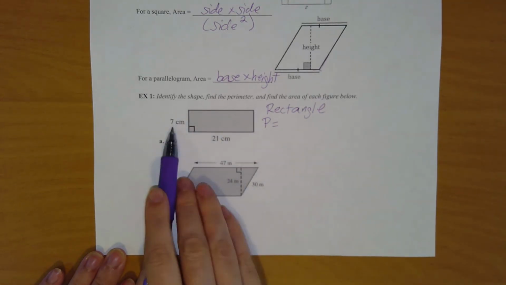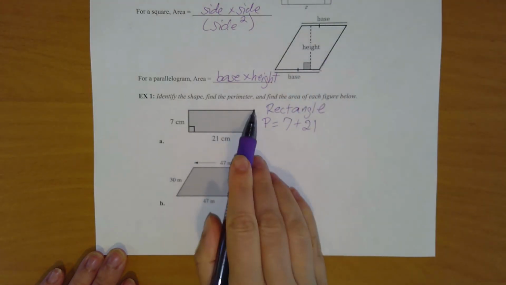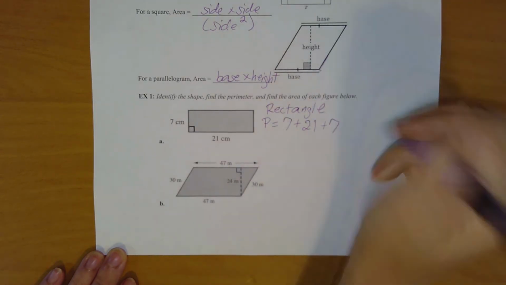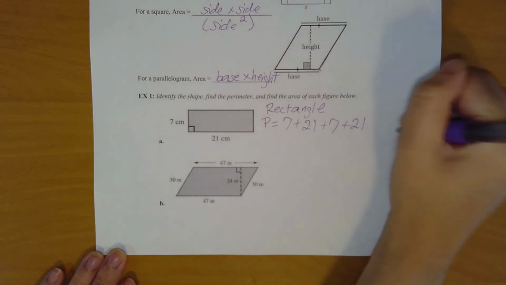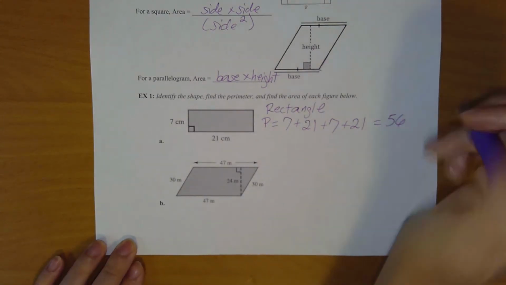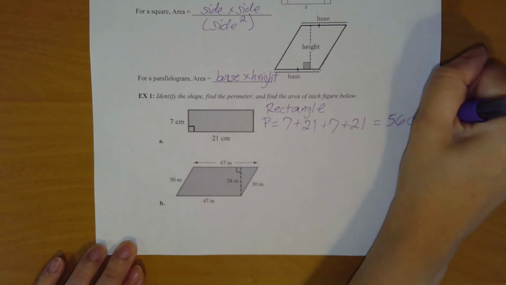So the perimeter, we're going to have 7 plus 21, but then we have to add this other side over here, which is another 7, and the top side, which is another 21. If you add all of those together, you're going to get 56. The units were centimeters, so my units are still in centimeters.